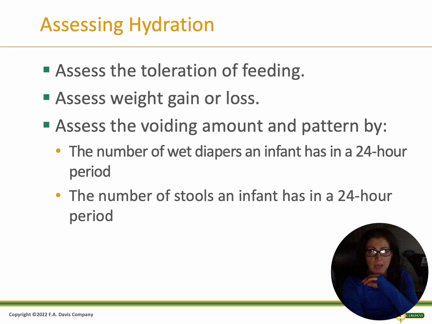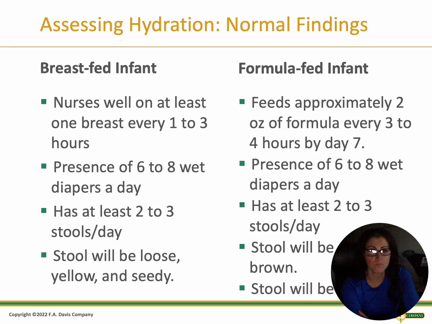They should have at least 6 to 8 wet diapers a day, and at least 2 to 3 dirty diapers a day to determine adequate hydration. And infants should be fed at least every 1 to 3 hours, depending on how much they feed.